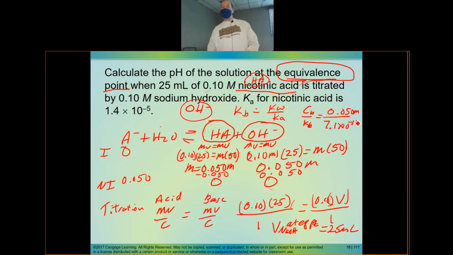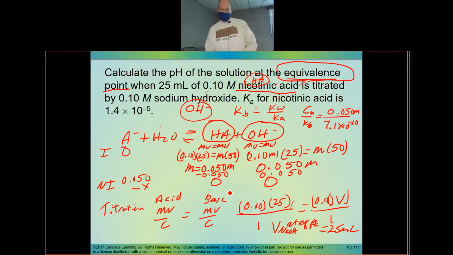All right, and that is going to be way greater than 1,000. So we know that we can neglect the minus x. So 0.050 minus x is going to be 0.050. The concentration of base over Kb is much greater than 1,000.